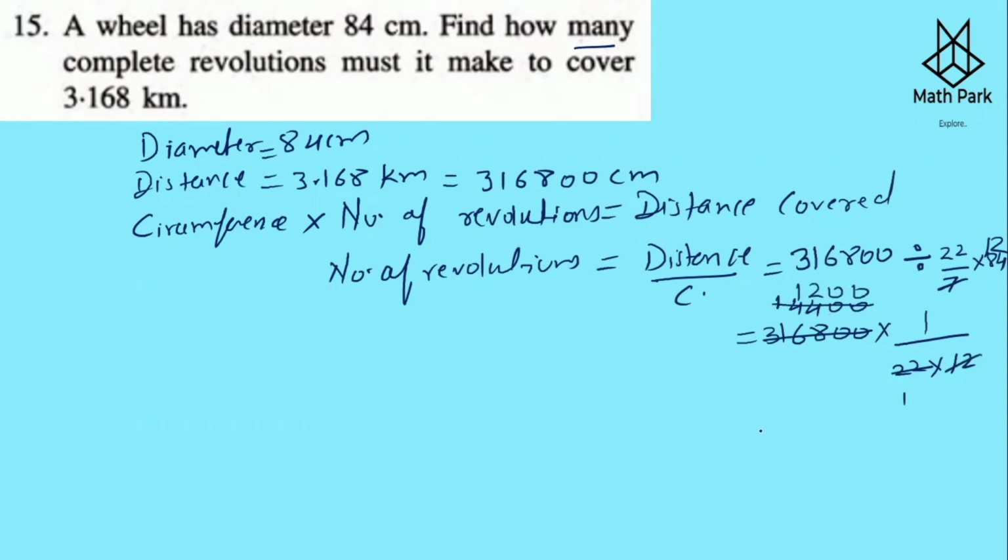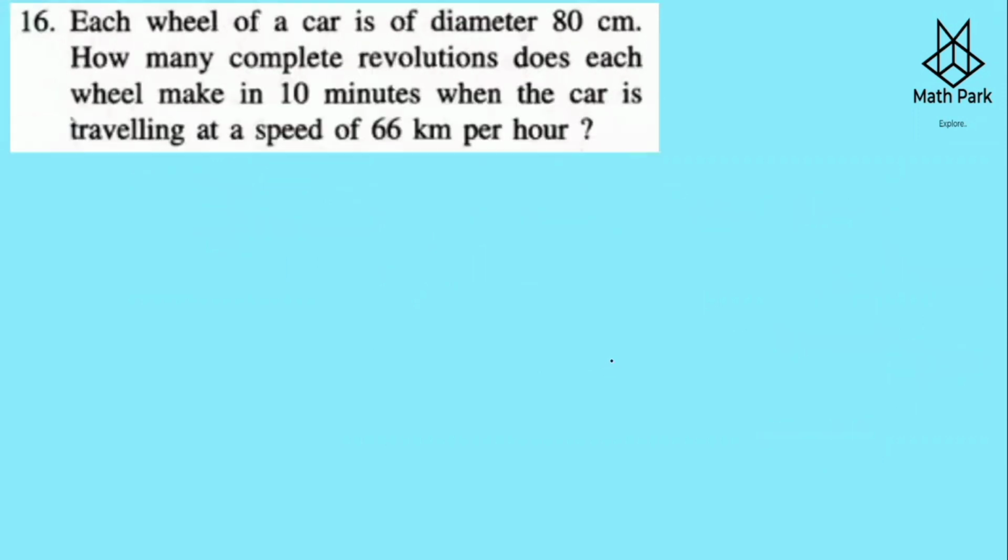So it is 1200 complete revolutions required to cover the distance of 3.168 kilometers. Got it? Moving to the next question, that is question number 16.